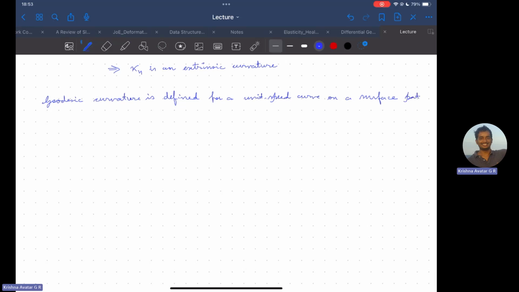Of course, although we didn't discuss much about surface patches, but surface patch sigma vector, and the unit speed curve is given as gamma vector of s equal to sigma vector u of s, v of s.